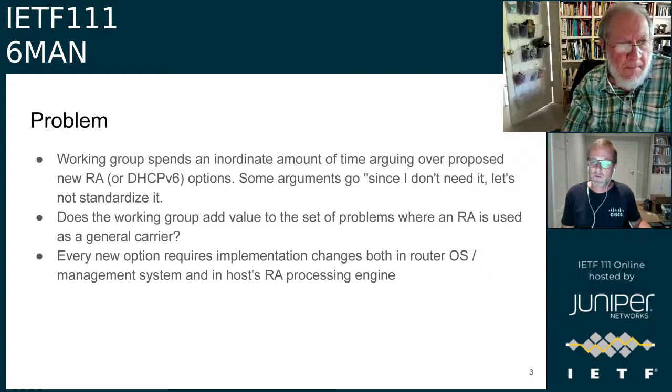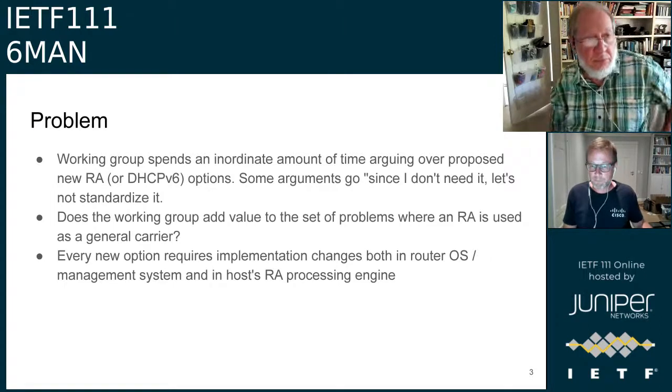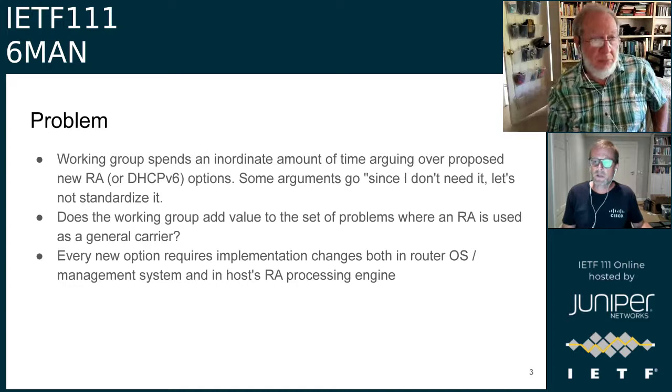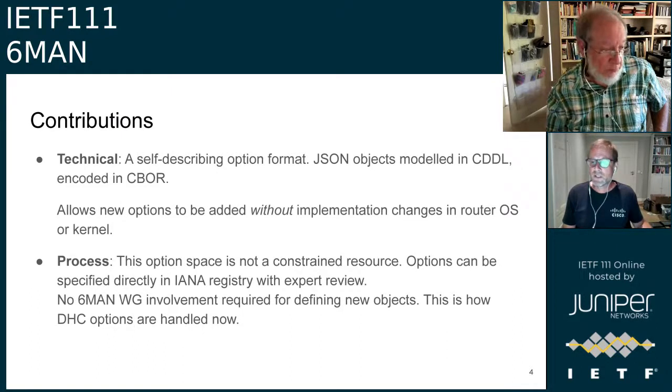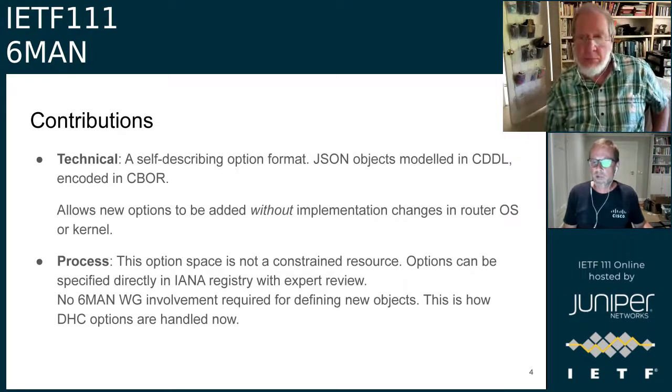So again, the problem we're trying to solve with this document is twofold. It's one of process, where the working group has spent lots of time on various configuration information options in 6-man for router advertisements and in DHCP for various DHCP options. And what we're trying to do here is see if defining a self-describing option format based on JSON and CDDL, encoded in CBOR, we can then almost get away with just having an IANA registry defining the options, and also implementations could just support the infrastructure here, so you could add a new configuration option on the router without having to get your vendor to change the implementation.